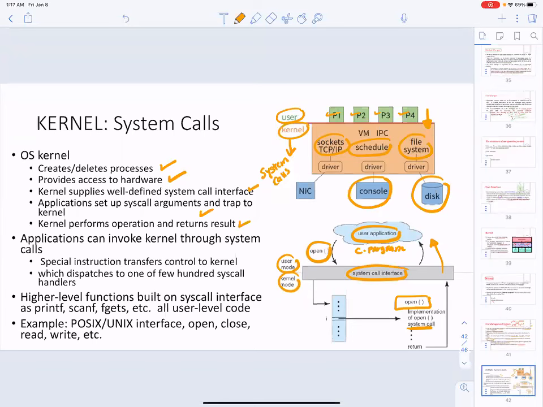A system call could be defined in one sentence: it's a special instruction that transfers control to the kernel, which dispatches to one of a few hundred system call handlers. In general, in C, you might write a function like printf.